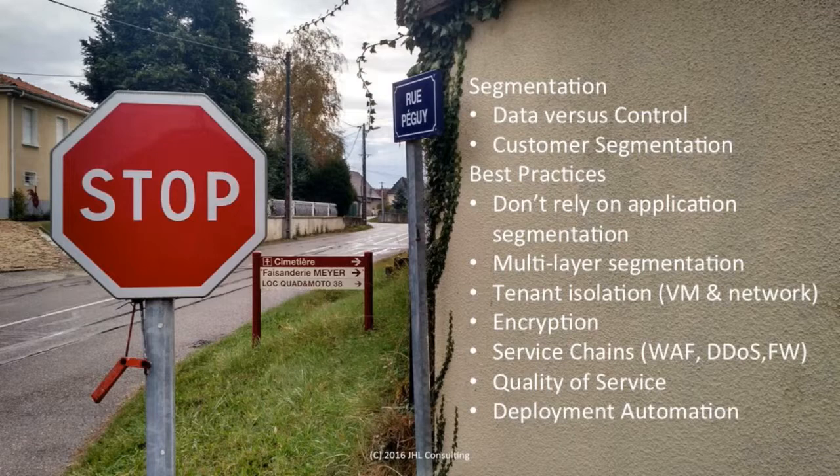Oftentimes these applications are within the same industry. You might have 50 pharma companies using the exact same application instance, and if there's a bug at the application level, pharma company A is going to see data for pharma company B. So in OpenStack, there's a bunch of segmentation you can use: virtual machine segmentation, network segmentation.